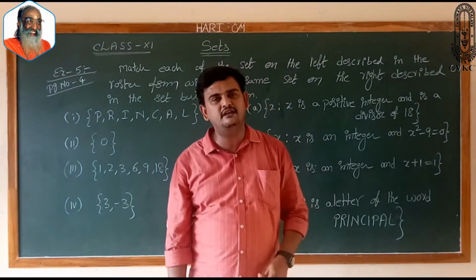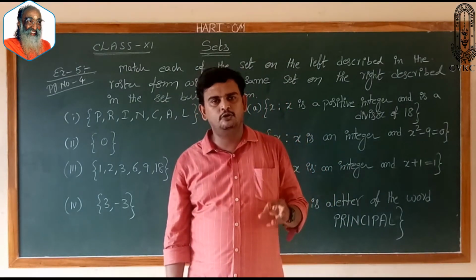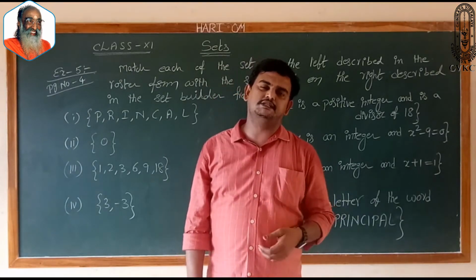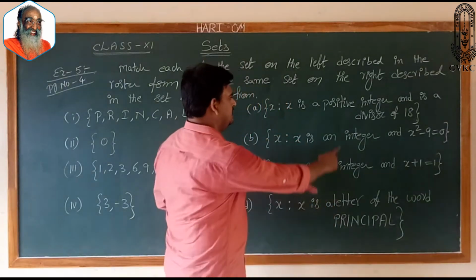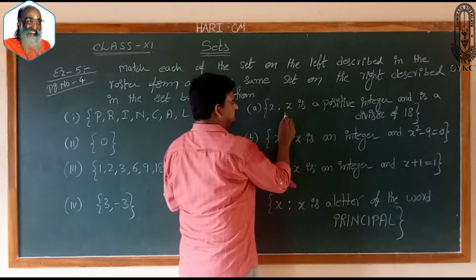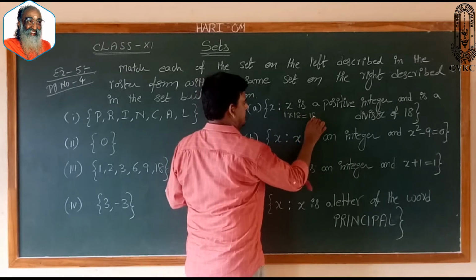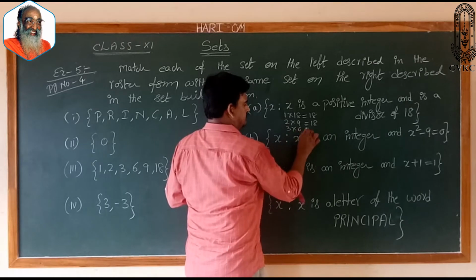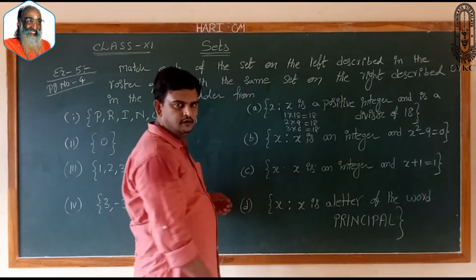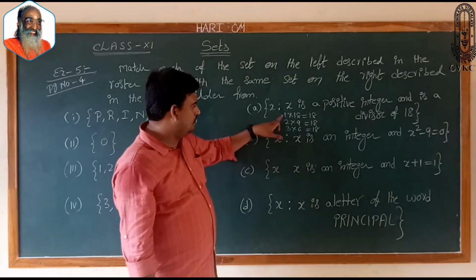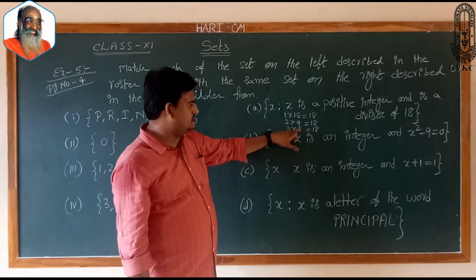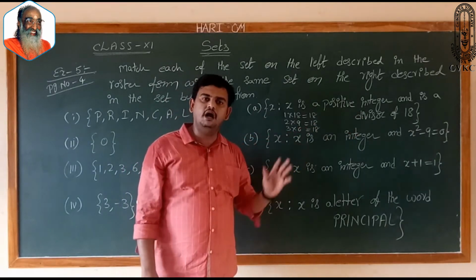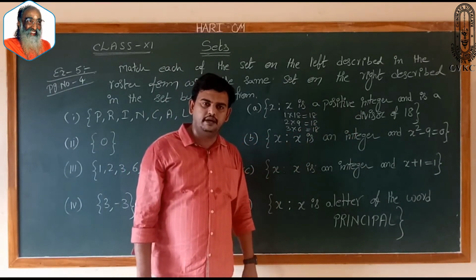What are the divisors of 18 we have? 18 can be written as 1 18s are 18, 2 9s are 18, 3 6s are 18. Now, what are the divisors we have? 1, 2, 3, 6, 9, 18. These are the divisors of 18 and they are nothing but natural numbers.